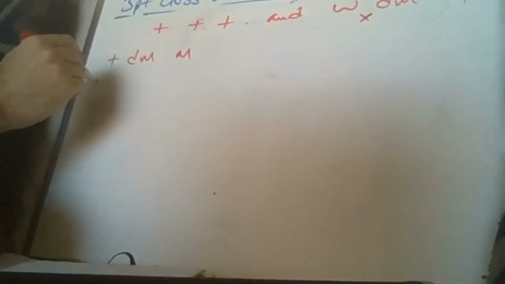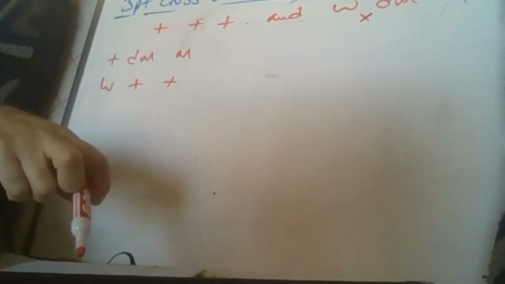They're going to be any ones where the W moved relative to the DM and the M. Right, so that's going to be ones which are plus DM M and W plus plus.